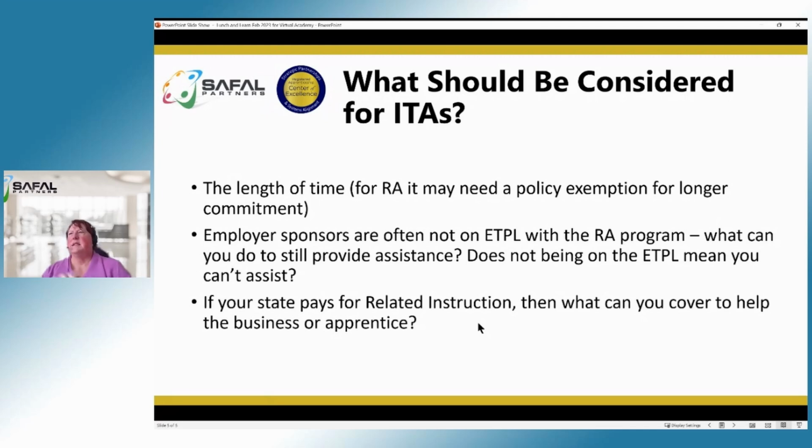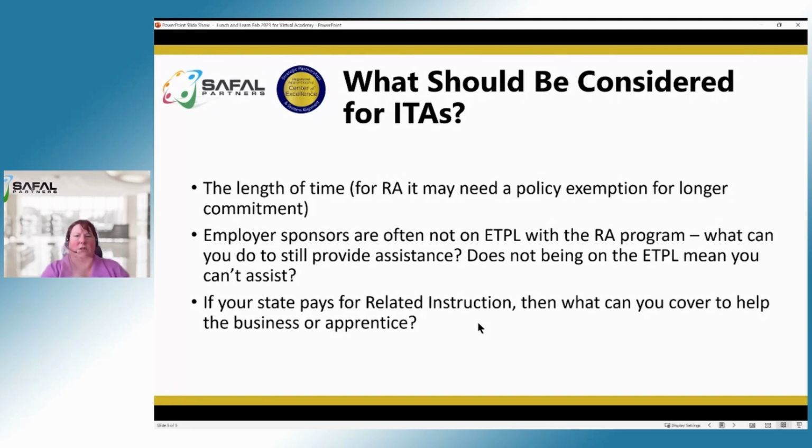I'm going to take a quick look over here. Yes, you folks are saying yes. Do it for the supportive services. The employer is definitely listed for the location for the training, and also just have a process to get them on the ETPL. I love that you said that, Cynthia.